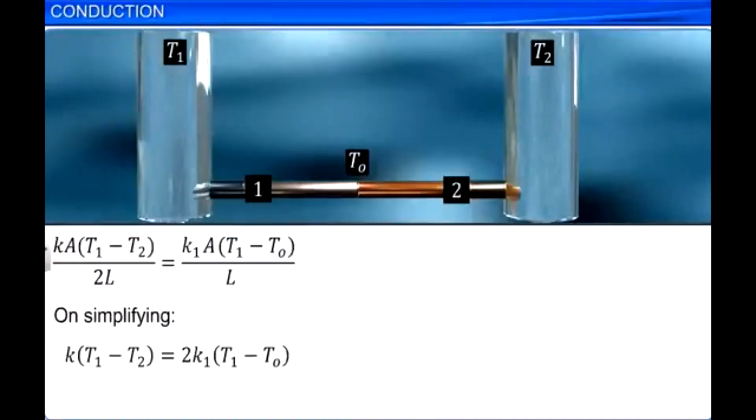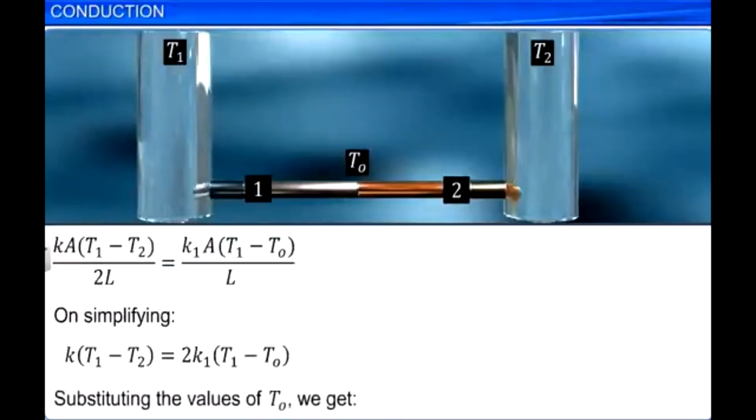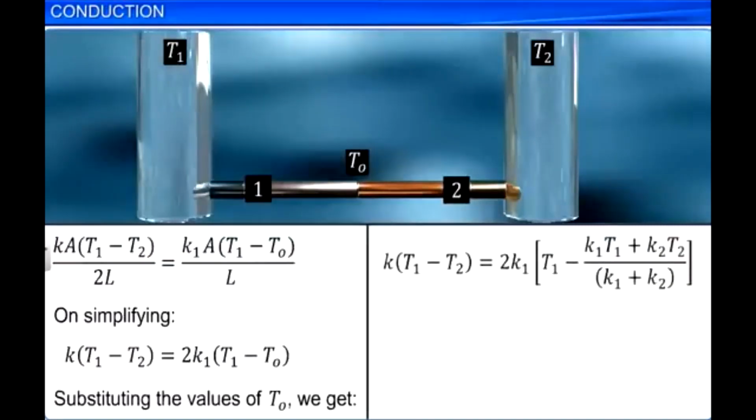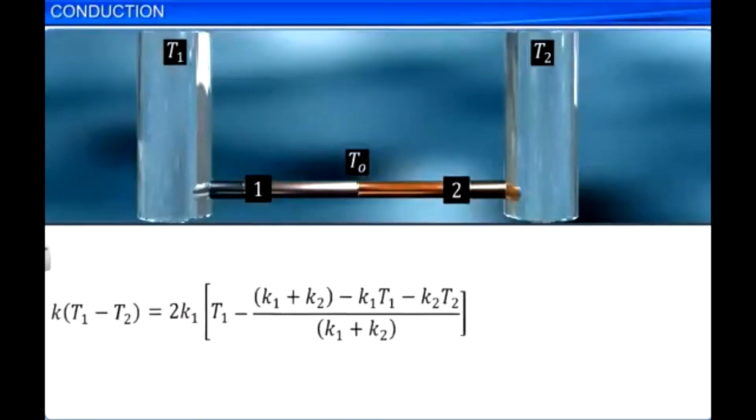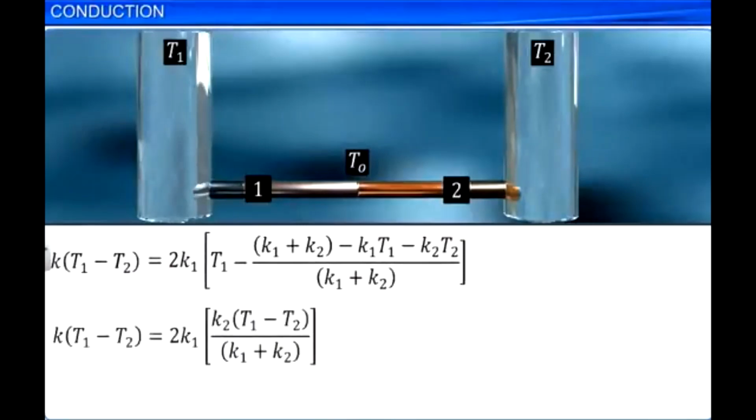Substituting the value of T0, we get K(T1 - T2) is equal to 2K1(T1 - (K1T1 + K2T2)/(K1 + K2)). On further simplifying, we get K(T1 - T2) is equal to 2K1K2(T1 - T2)/(K1 + K2).